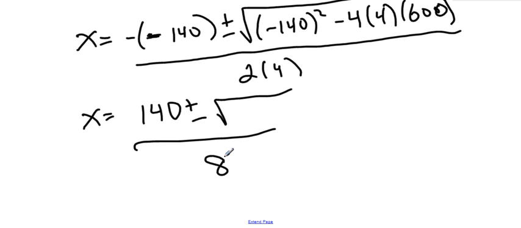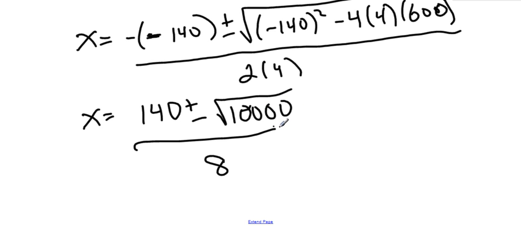Now in my calculator, I'm going to be calculating the discriminant. I'm never going to bother typing negative 140 squared because when we square something, it's always positive. So I just type 140 squared minus bracket 4 times 4 times 600, close that bracket, and I have the number 10,000.